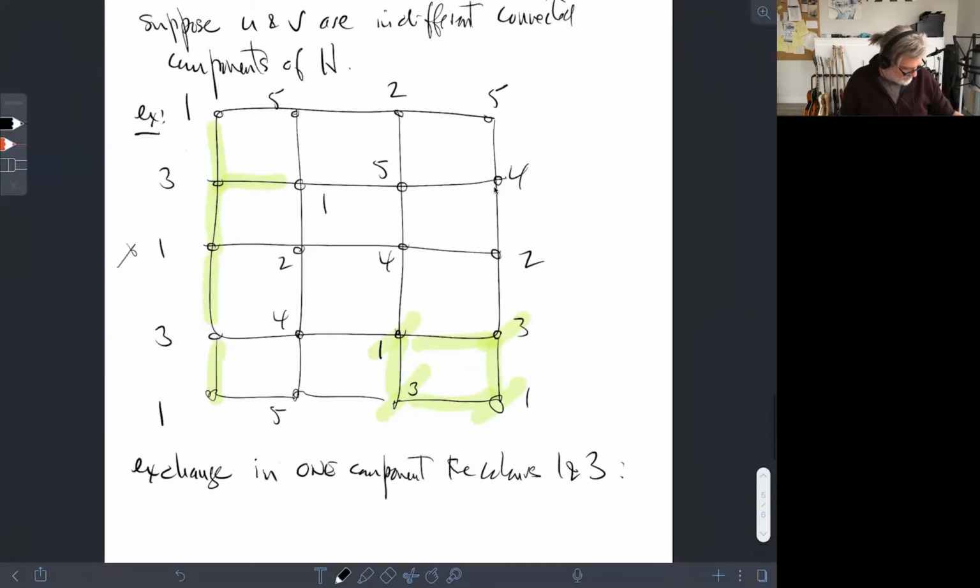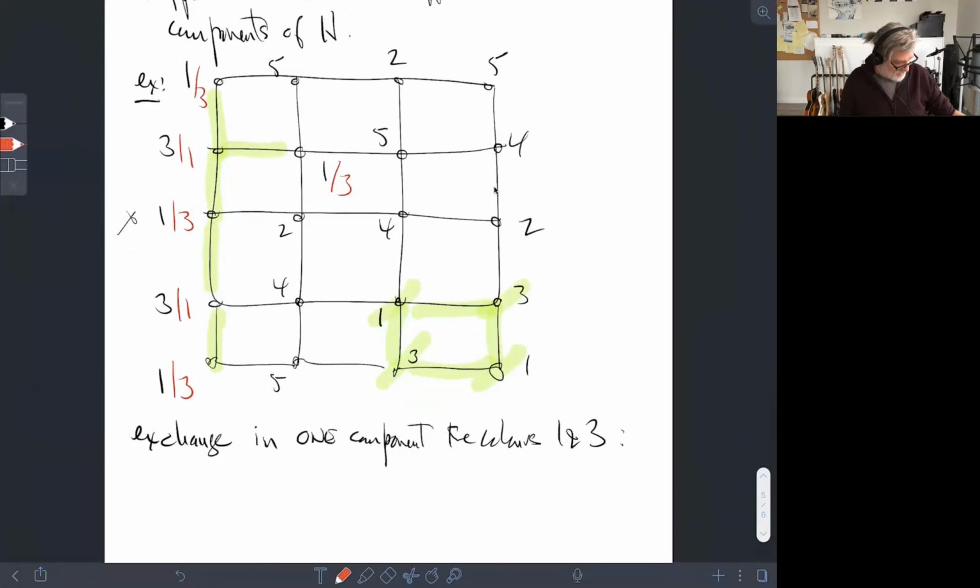So I'll use a different color. Like that. Okay. So is everybody okay? So you will obtain a proper coloring still.